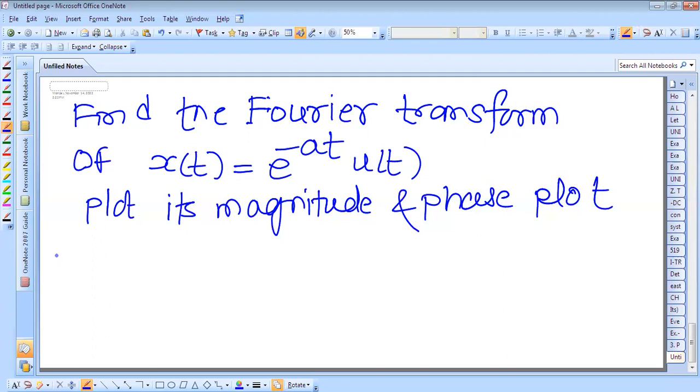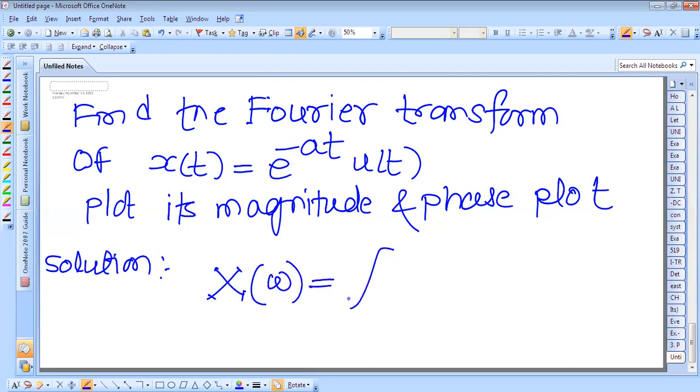So solution. So we have to find the Fourier transform of the signal. So Fourier transform is X of omega is equal to Fourier transform of x of t.